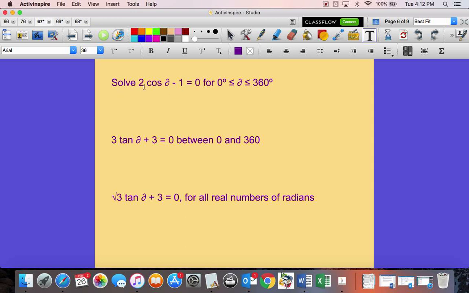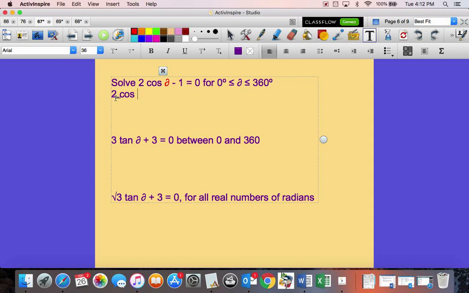Alright, now it says solve 2 cosine theta minus 1 equals 0. Well, we want to get this theta all by itself. So how we do that is, and I'm just going to highlight it really quick, we want to get that red thing all by itself. What we do first is we say, all right, I need to add the 1 over to the other side.